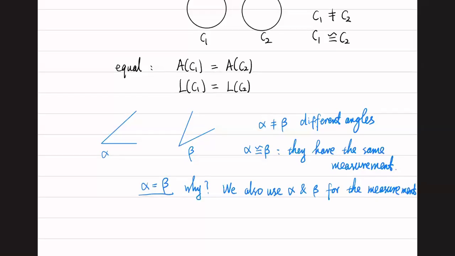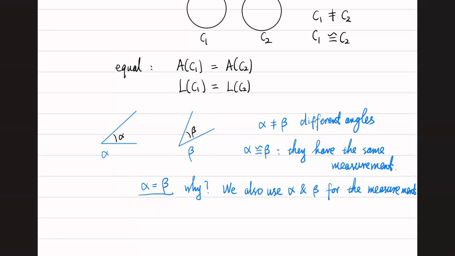We write this alpha, beta. It depends on the context. Do we mean this as the concrete angle, or do we mean it's the measurement? If we mean it's the measurement, we can say the two angles have the same measurement, it's the same. So it depends on the emphasis of the notation.